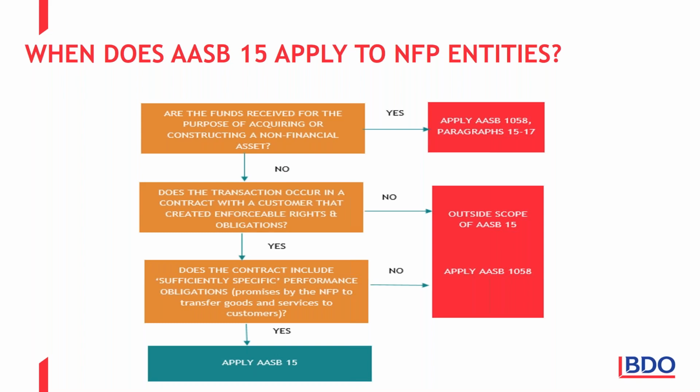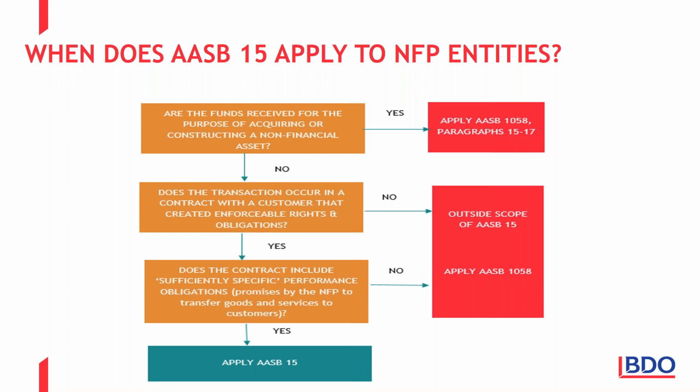Now, to receive money to provide food to the homeless, which might be your mission statement or the overall statement, is not sufficiently specific under the standard. Because how do we measure progress? How do we measure once you've transferred the goods and the services to the customer?